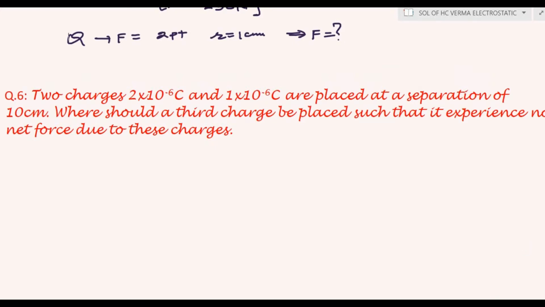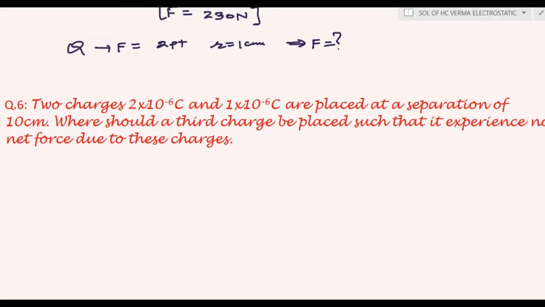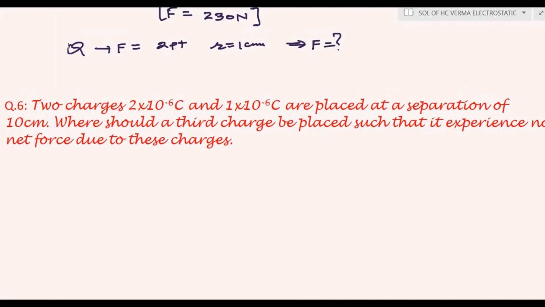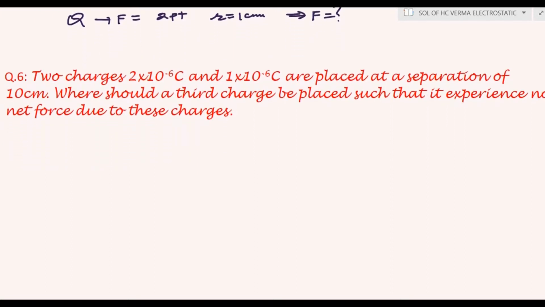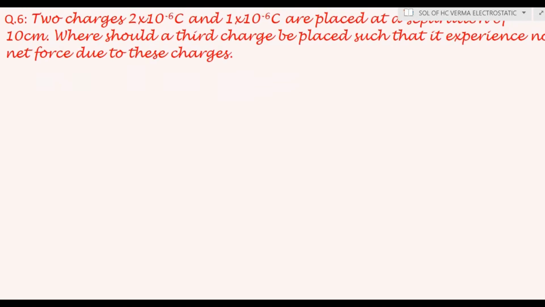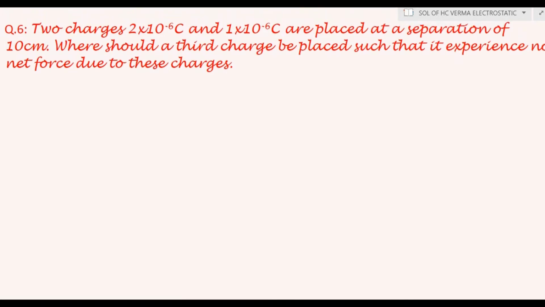In this question, two charges, 2 into 10 raised to minus 6 and 1 into 10 raised to minus 6, are separated by a separation of 10 centimeters.